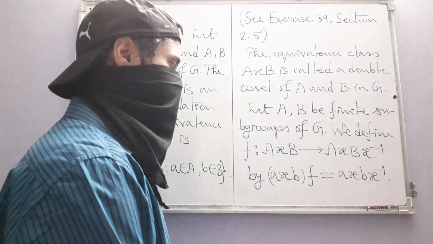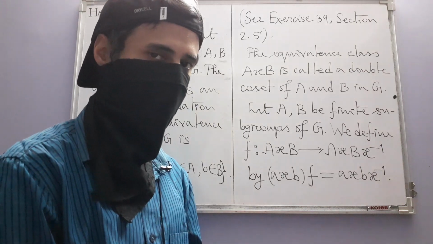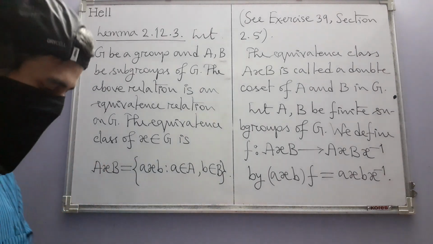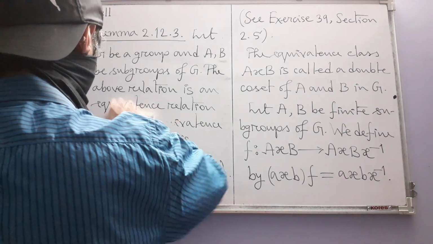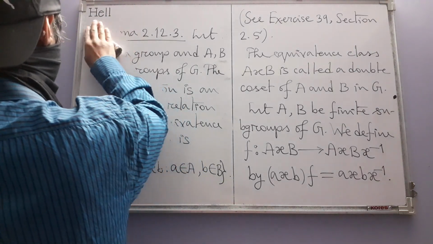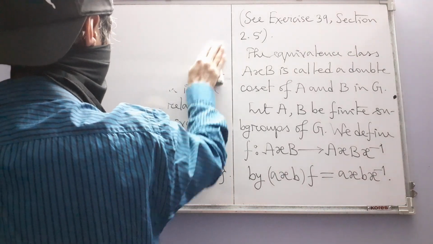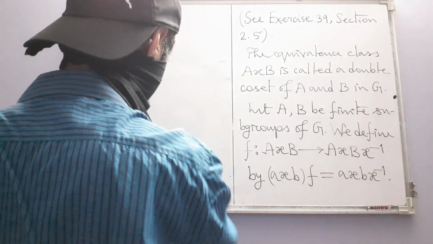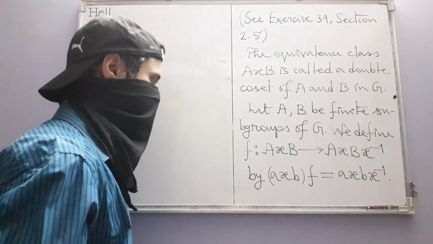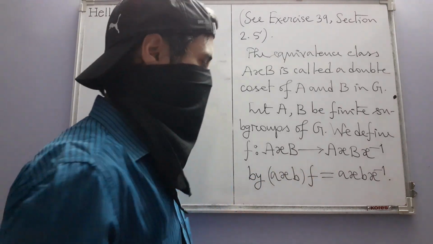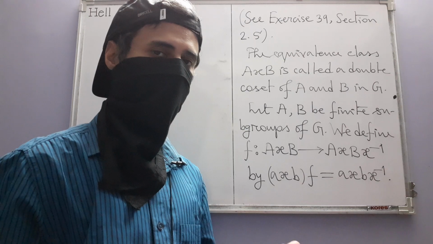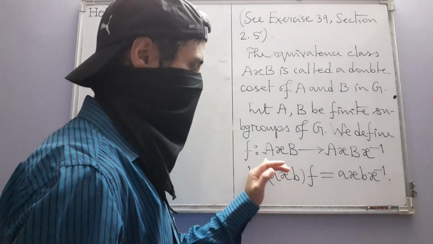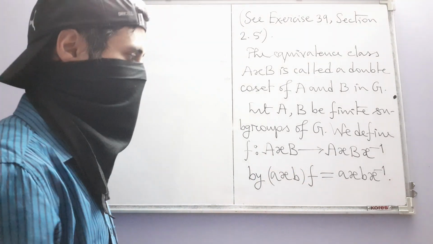Is this function well defined? That is the first thing we have to make sure. Let's see. Actually, this function itself does not depend on finiteness of A and B. Even if none of these two subgroups is finite, still the function will make sense. But we need finiteness to say something about the function.